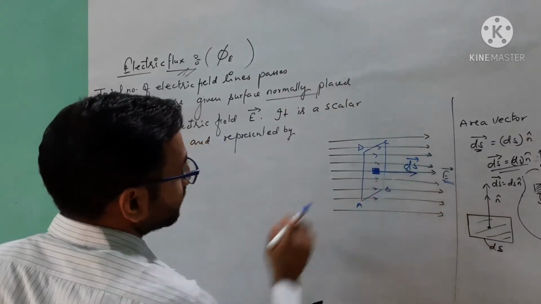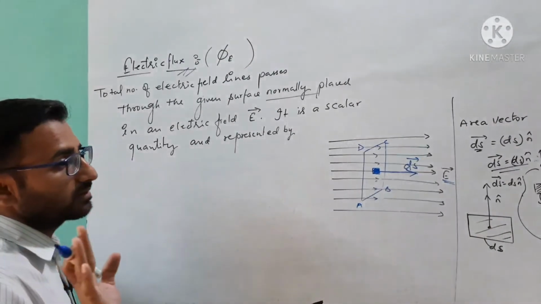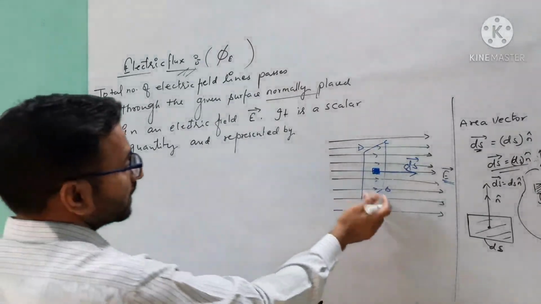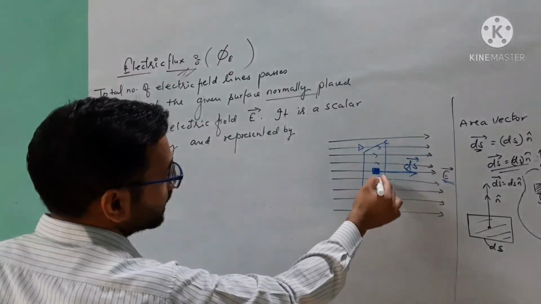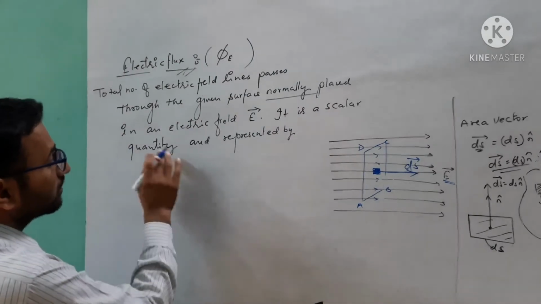So the electric field and the area vector are the same in direction when the surface is normal to the given electric field. Because here we are talking about an elementary area dS, I will write first the electric flux for an element.